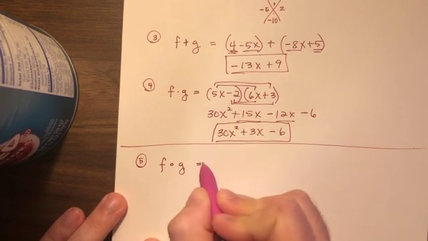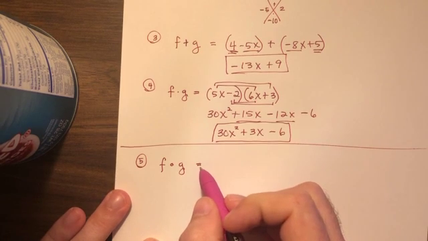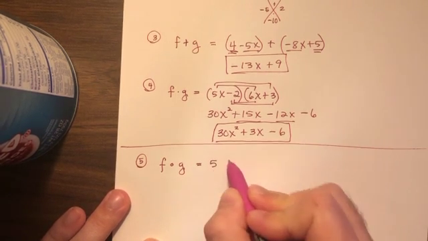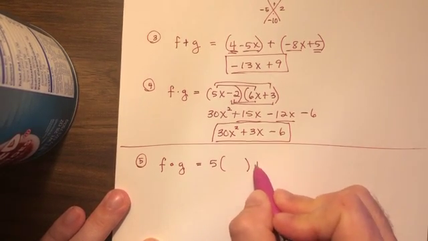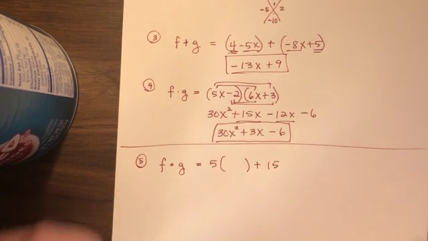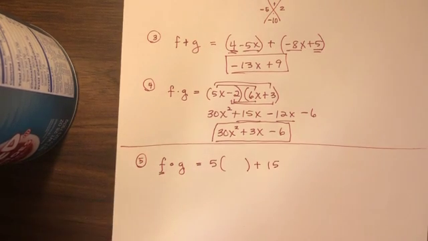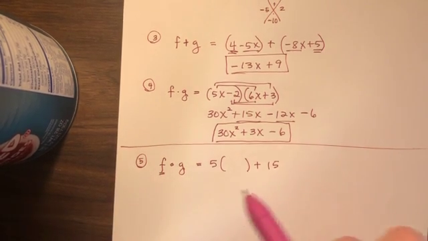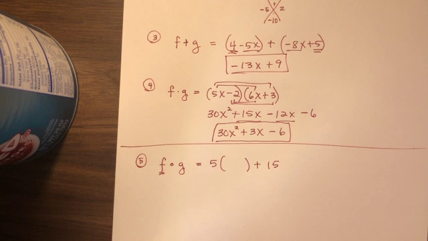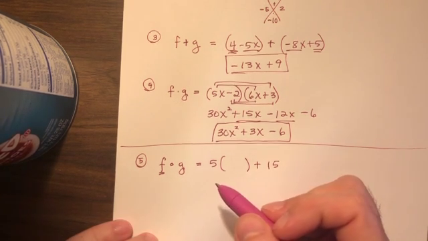And what that is asking you to do is take whatever f is, in this case is 5x plus 15, but instead of an x, put an open parentheses. And what this does is it creates a situation for the first function where instead of x, we're going to replace it with something, like when we were evaluating on the previous worksheet, 2.1 through 2.4.